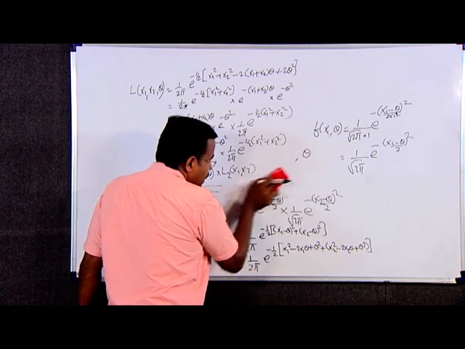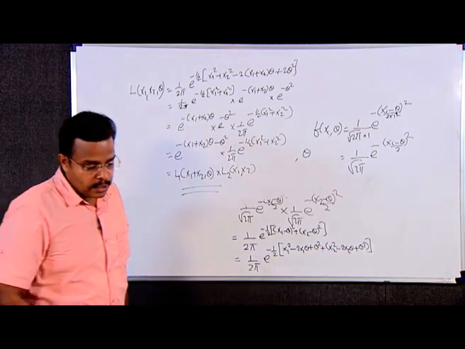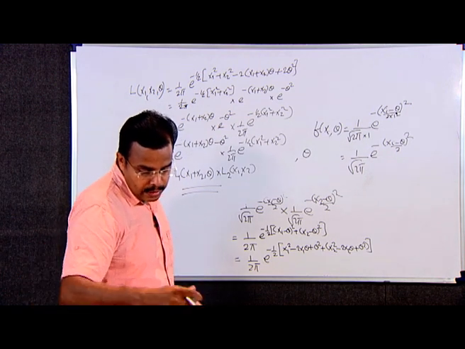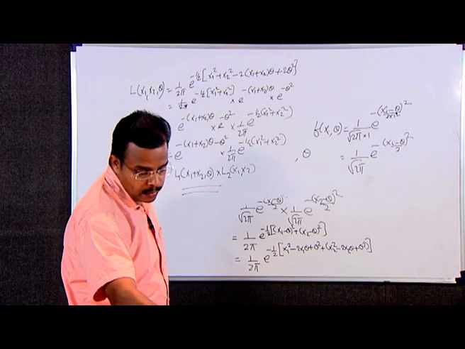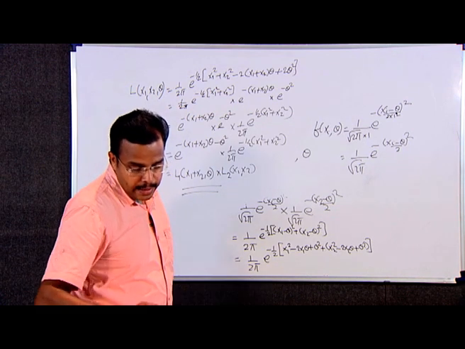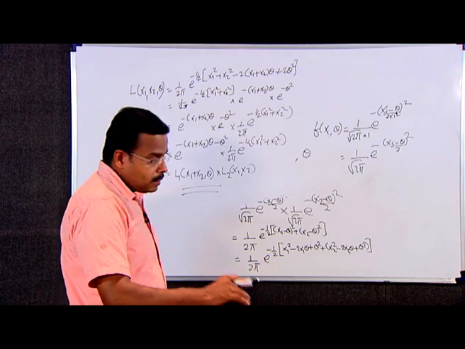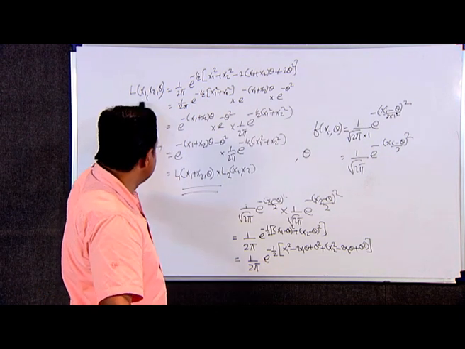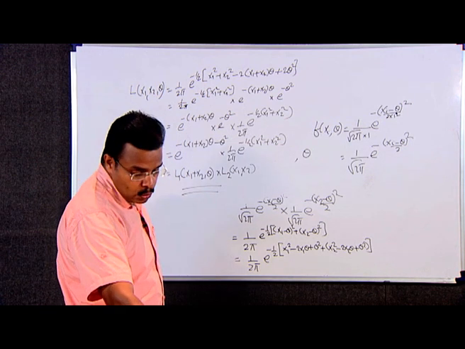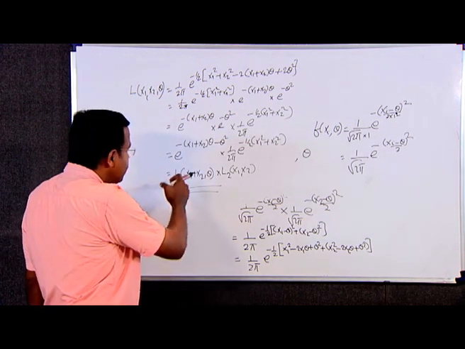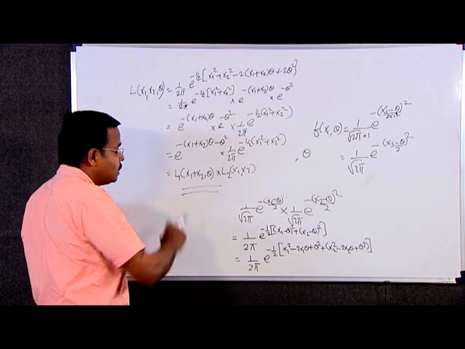Since it is possible to write the likelihood function of x1, x2 as a function of x1, x2 and theta, and a function which is independent of the parameter theta, we can say the statistic x1 plus x2 is a sufficient estimator for the parameter theta.